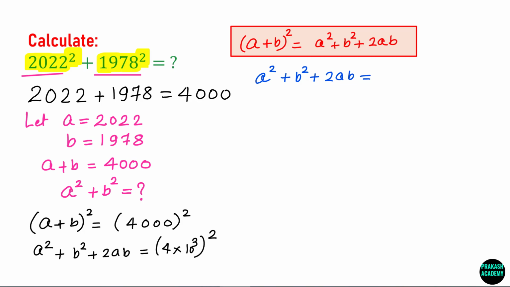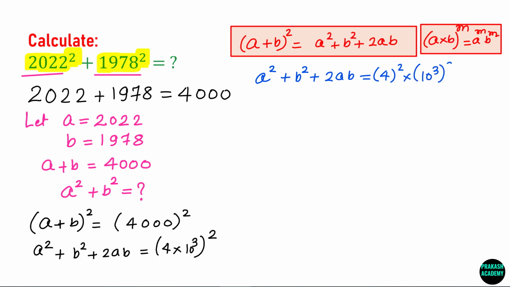I can write using the rules of exponent, that if you have A times B raised to the power m, this is basically A to the power m times B to the power m. So this becomes 4 square times 10 raised to the power 3 whole square.